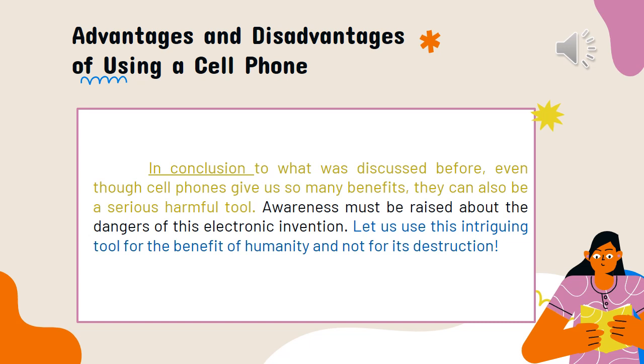Awareness must be raised about the dangers of this electronic invention, which is the cell phone. Let us use this intriguing tool for the benefit of humanity and not for its destruction. And this way I concluded my essay. I restated my main idea. I gave an advice. Everything's fine.